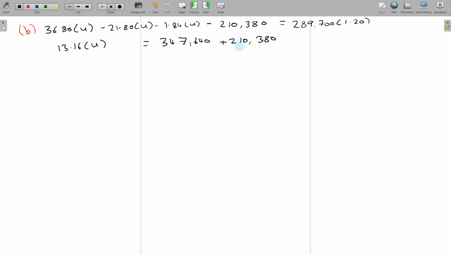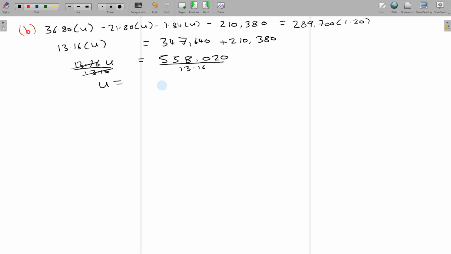So if I add 210,380 on the left hand side, it will cancel out. If I add it to the other side, it has to be added. So 1316 U equals 558,020. We have to divide both sides by 1316.